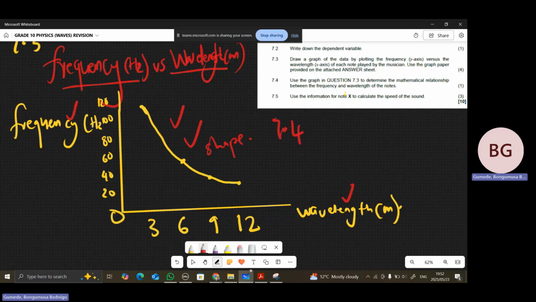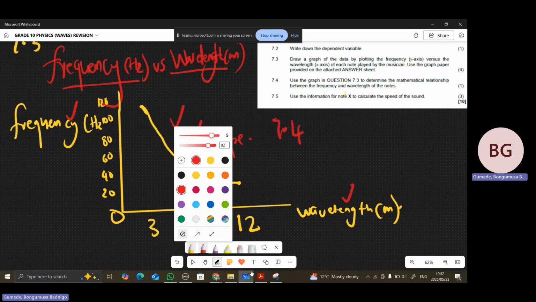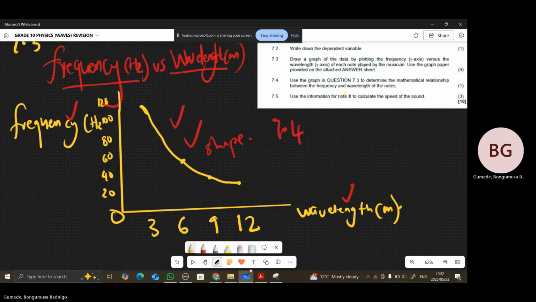What is the relation? Determine the mathematical relationship between frequency and wavelength. We can see this is a decreasing function.